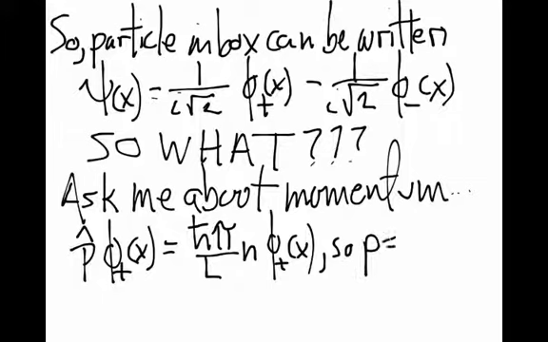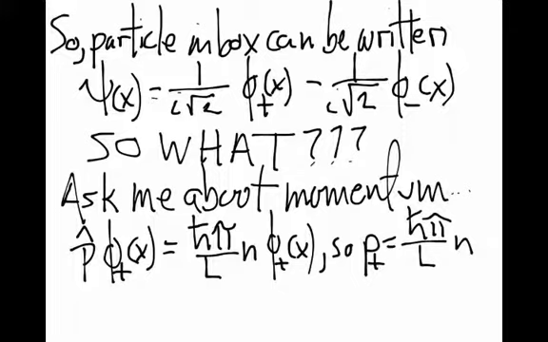And so that means the eigenvalue, h bar pi over L times n, that we get when the operator p hat operates on the function phi plus, is the value p plus, the momentum, h bar times pi over L times n.